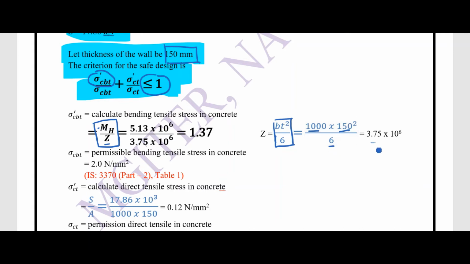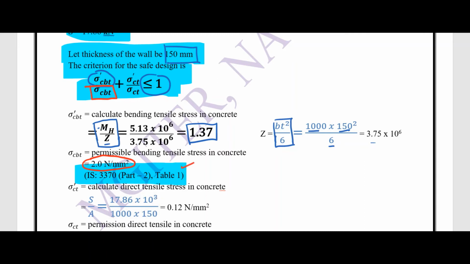We put the values and we found sigma dash CBT is 1.37. Now second, we have sigma CBT from IS 3370 part 2 table number 1, and sigma CBT will be 2.